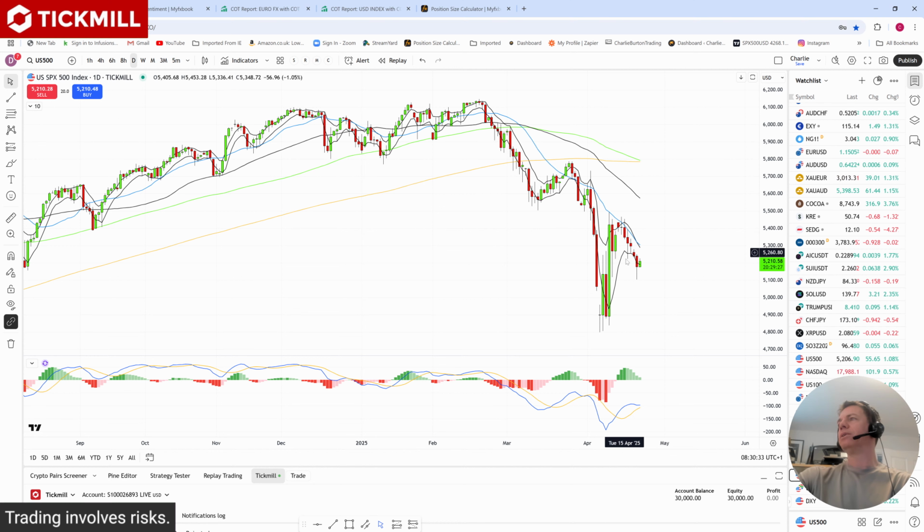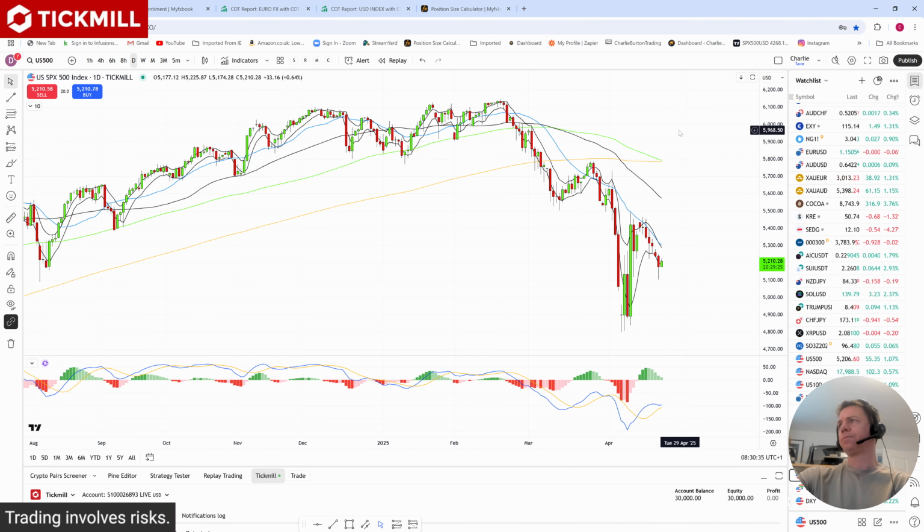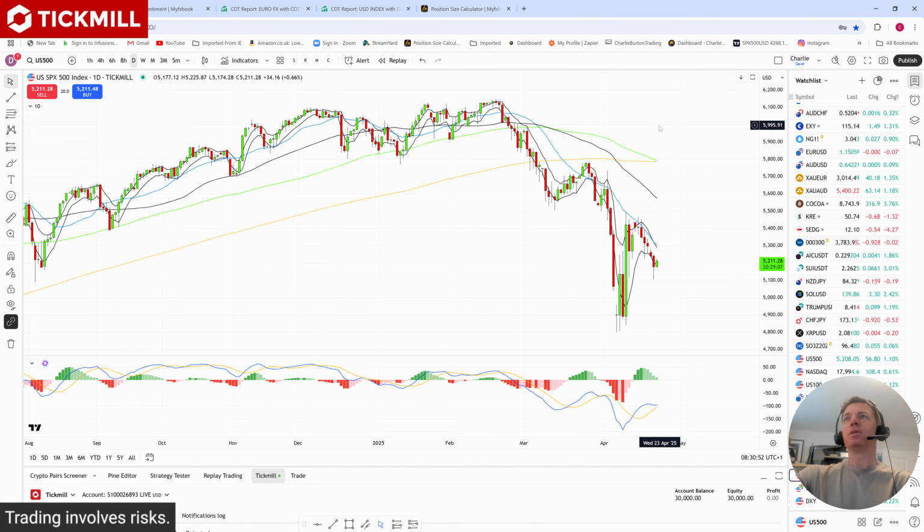So we've had a lot of negativity towards, of course, the stock markets at the moment, as there's lots of uncertainty around the trade deals and how that's all going to play itself out. But overall, from a sentiment perspective, I'll be keeping an eye on all of that negative sentiment that's out there at the moment, because at some point that's going to get really stretched.